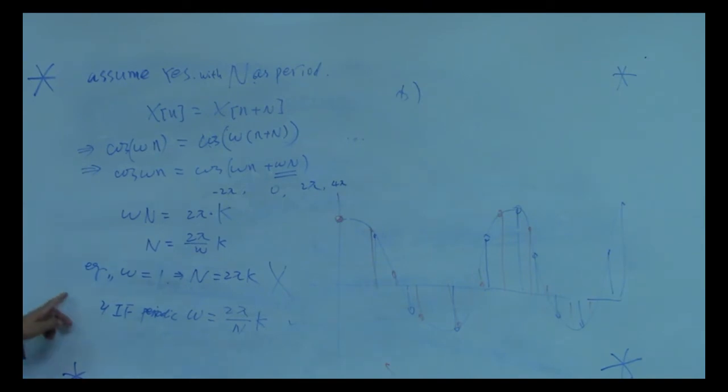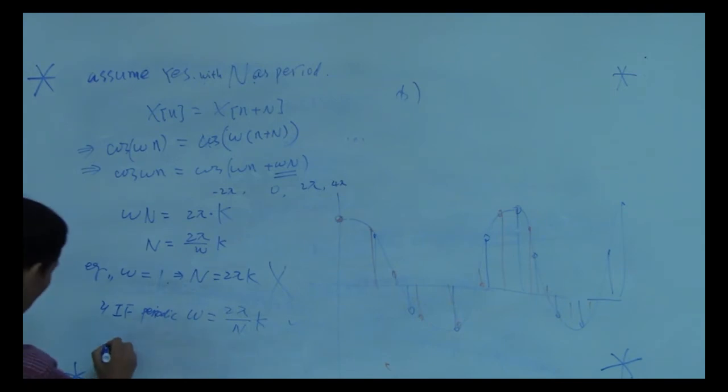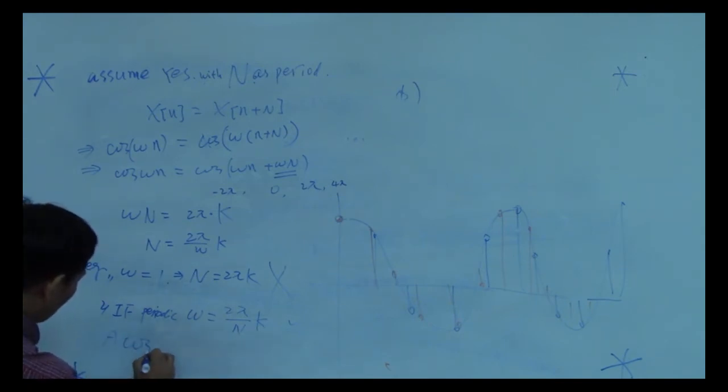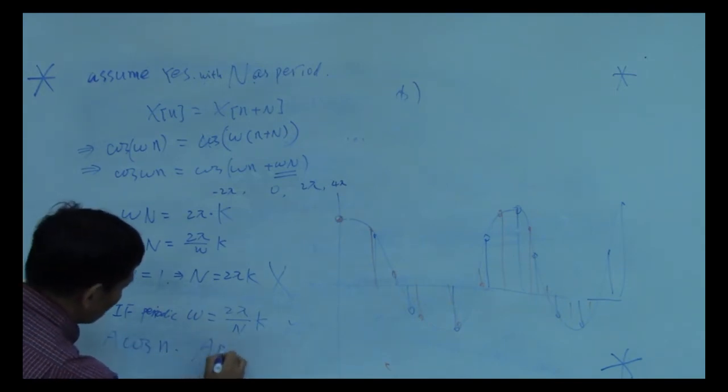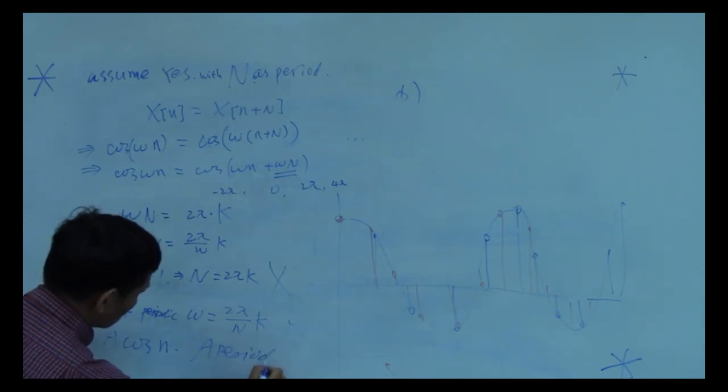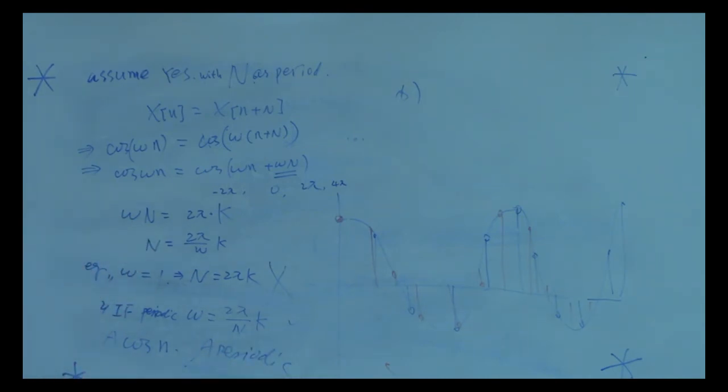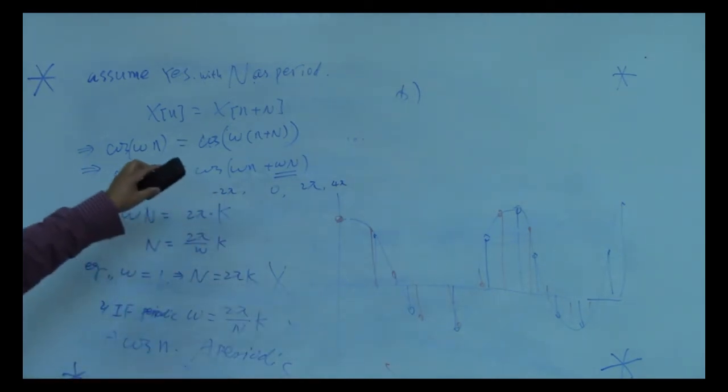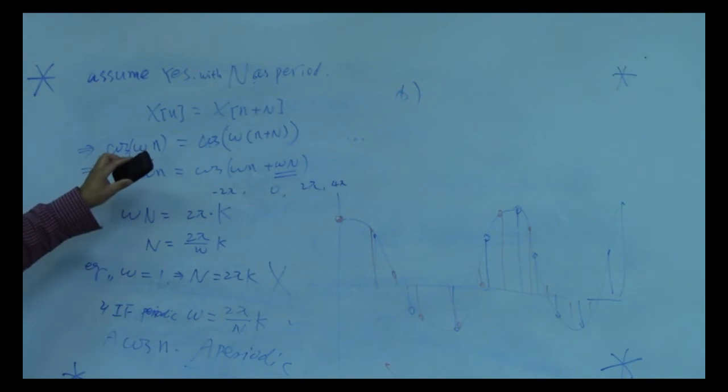If a signal is not periodic, we call it aperiodic. So like A times cosine n, this is called aperiodic. Questions? More questions? Good?